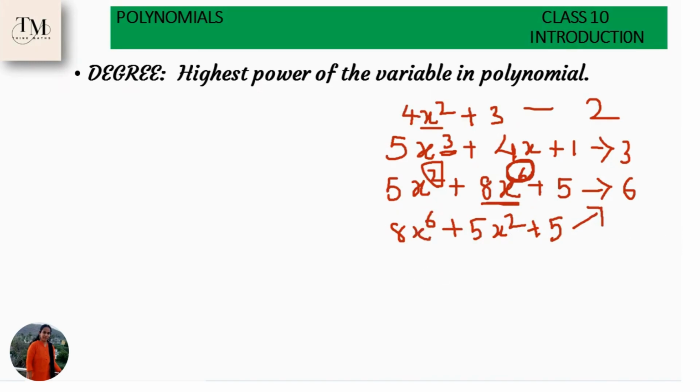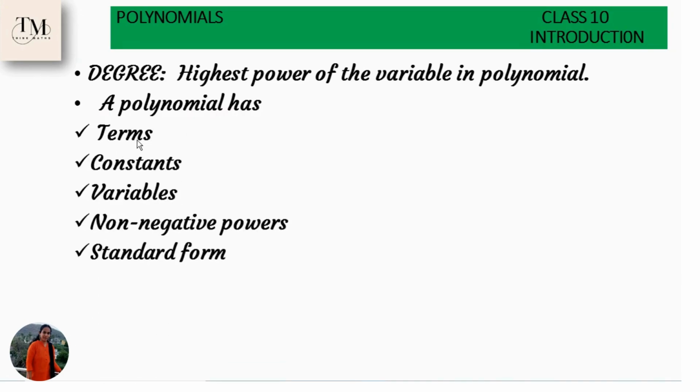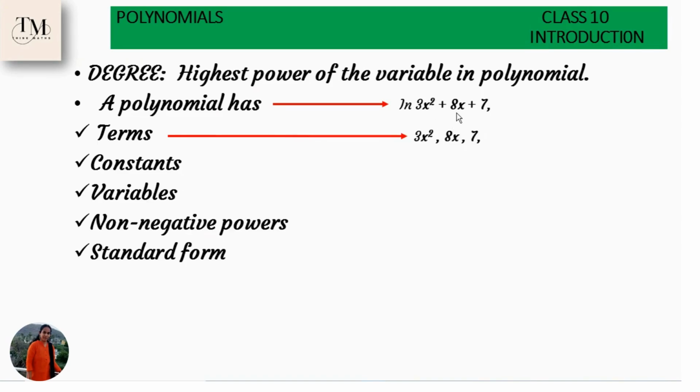Now we can categorize the polynomial on the basis of terms. Before that, a polynomial has terms, constants, variables, non-negative powers, and is in standard form. For example, let us take the polynomial 3x square plus 8x plus 7. In this, the terms are 3x square, 8x and 7. So they are all terms.